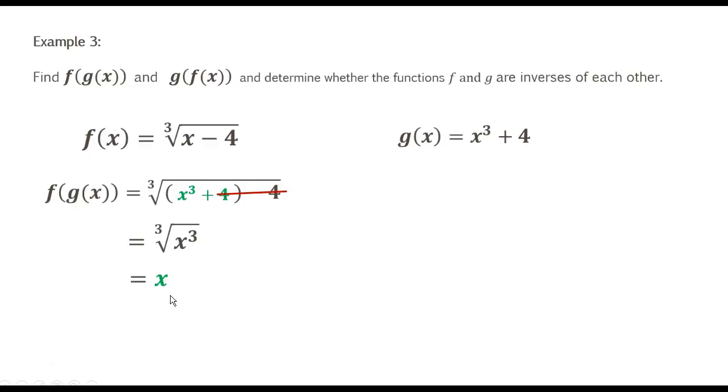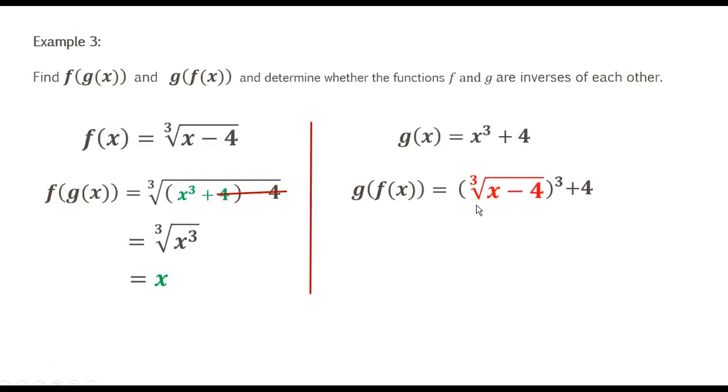But now we need to check it the other way to see if our g composed of f of x gives us the same thing. So we take our g function, and everywhere there's an x, we're going to plug in our f function. Cube root of x minus 4, cubed, plus 4. So here we have the cube of a cube root.